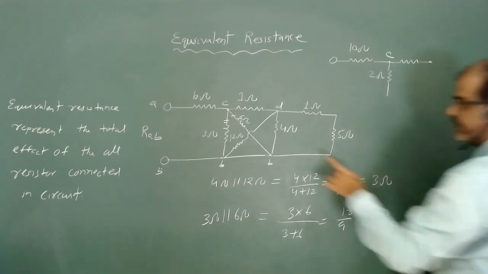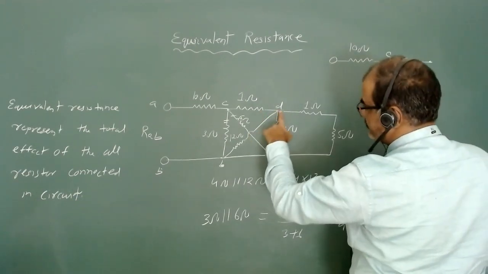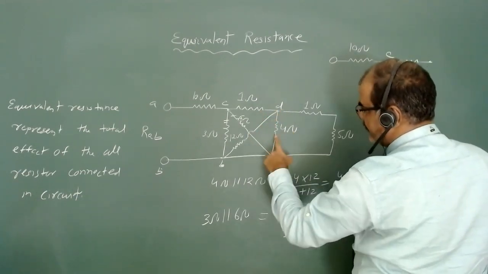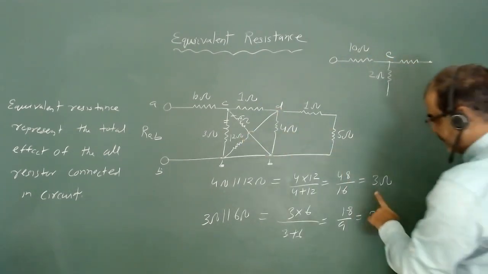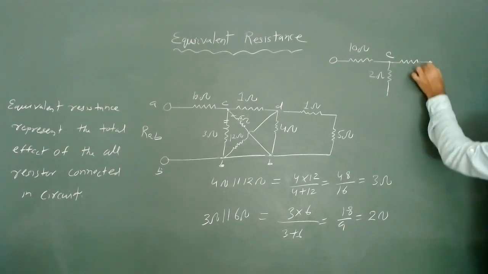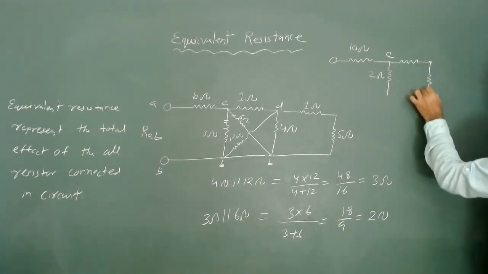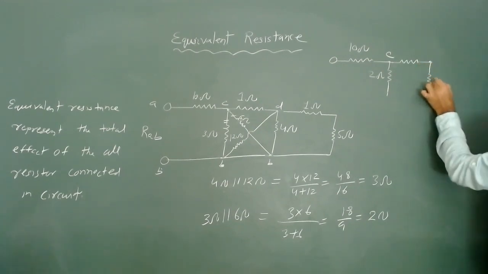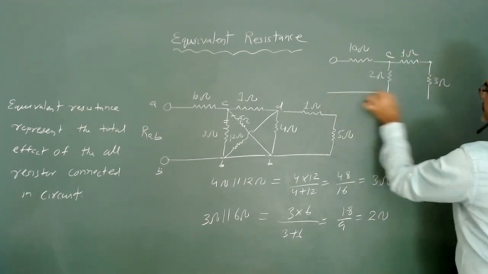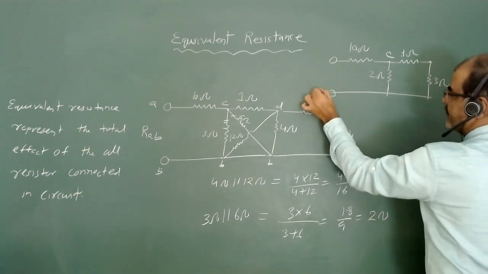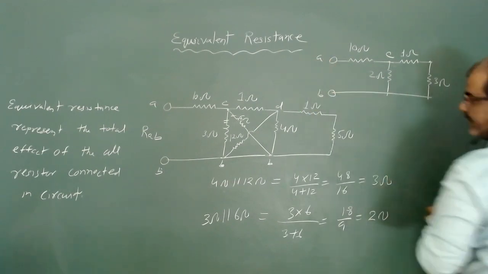At terminal D, I have two resistances, 12 and 4 ohm, so their equivalent resistance is 3 ohm. So I can draw one 3 ohm resistance here. So this is 1 ohm resistance, this is my terminal B, and this is terminal A.